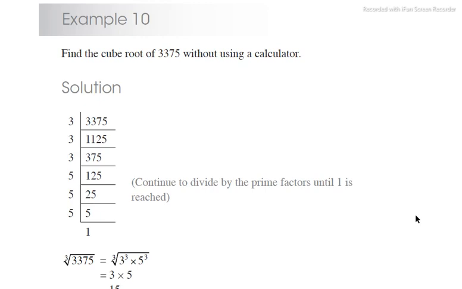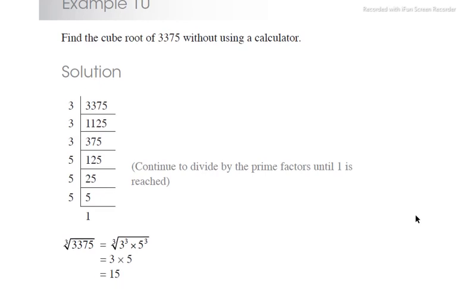But remember, we've said that cube root is the same as power a third. So we can multiply 3 times 5 to get 15 and give it a common power so that we get 15 power 3. But remember, cube root is to power a third. So the a third will go with the power 3 to remain with 15 as our answer.